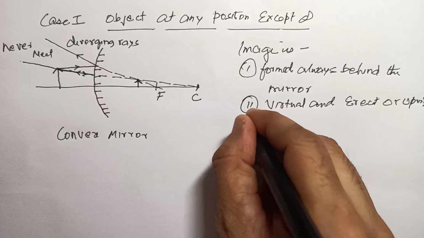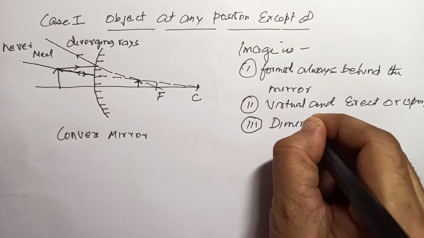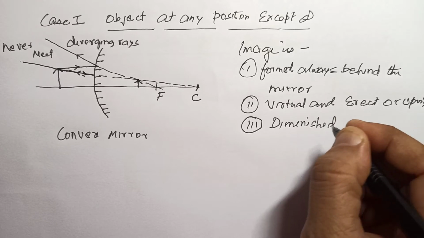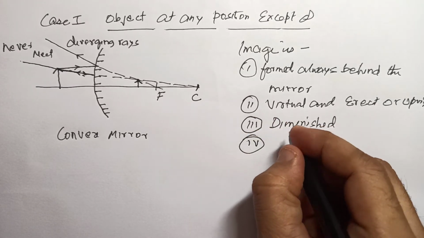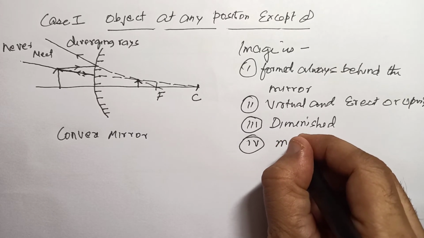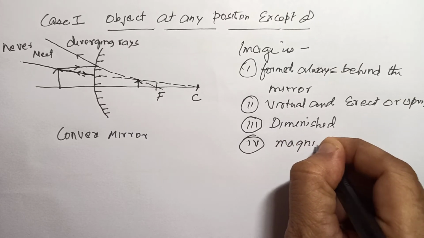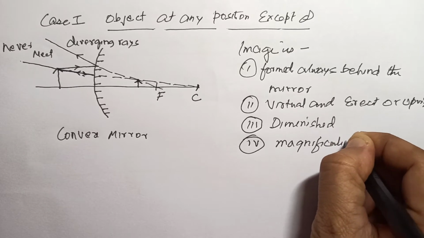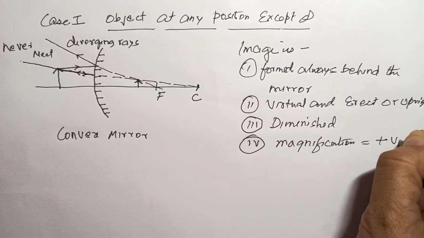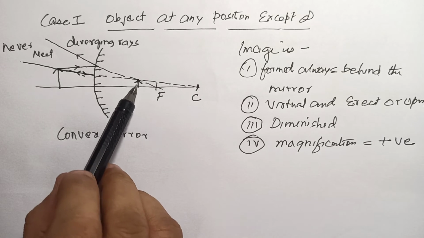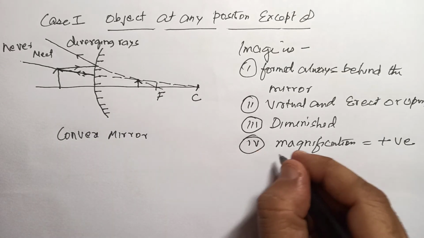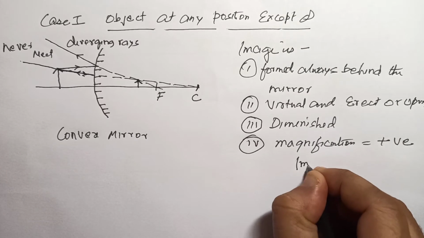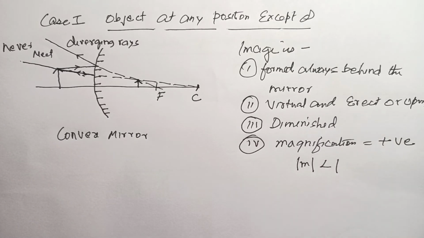Third, as you see, it is small, so it is diminished. And fourth, magnification is positive, because above the principal axis is always positive. However, mod of this magnification is less than 1.